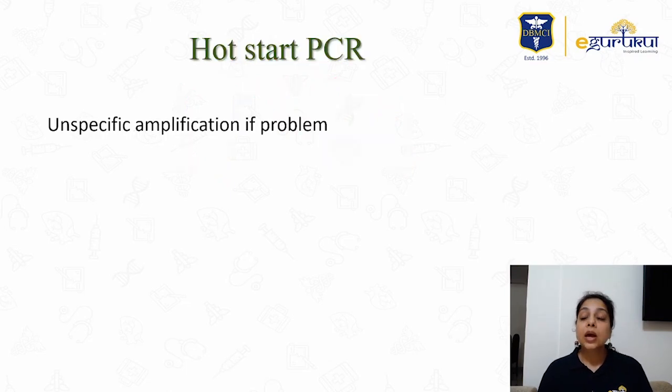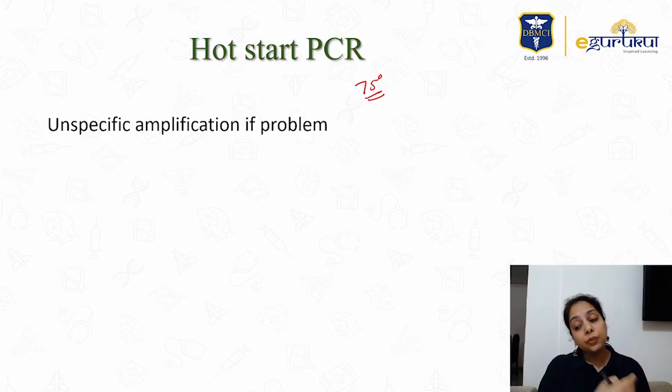Okay. Now, another problem with PCR is that you have this heat-stable DNA polymerase, and we know that the elongation should be done at, let's say, 72 or 75 degrees Celsius. It varies from instrument to instrument. So let's say at 75 degrees Celsius you want elongation to take place, but DNA polymerase starts working even before you want the elongation.